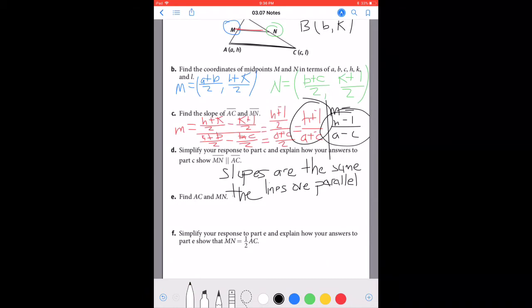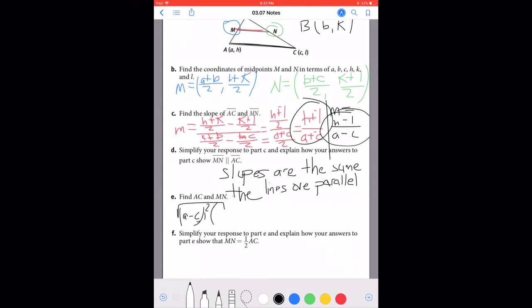Alright, now we have to find the distances. This one's going to be even more complicated because we have to use a distance formula. So if we wanted to, which you could just check, we would have to do the distance of AC, which is going to be A minus C squared, and then add, if we did A first, then we should do H first, H minus L squared.